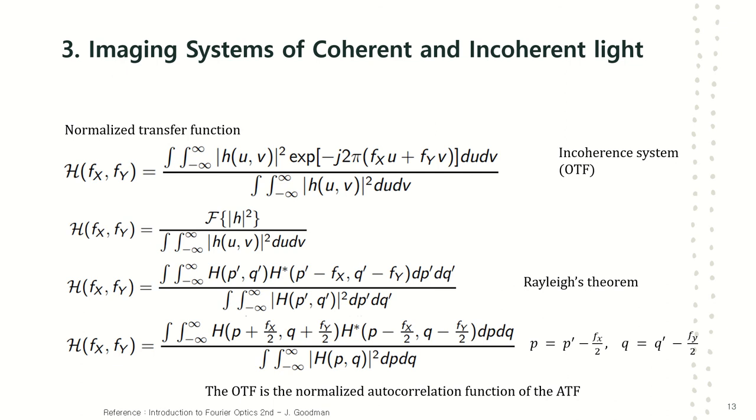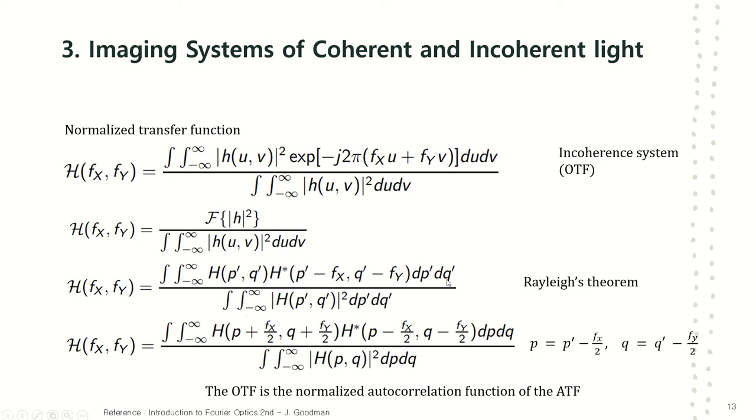An incoherent imaging system is linear in intensity. The normalized transfer function is defined by this equation. The numerator of this equation is the Fourier transformation of h squared, and with Rayleigh's theorem, the OTF can be represented by the third equation.